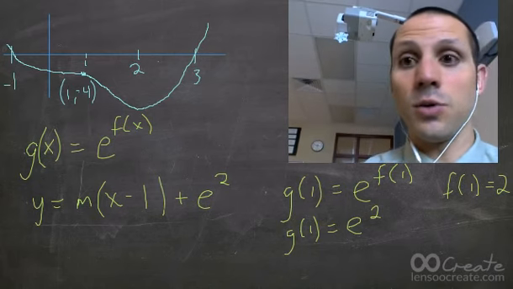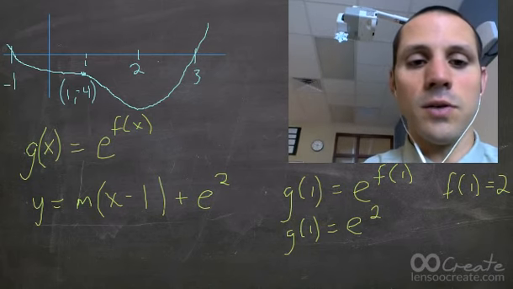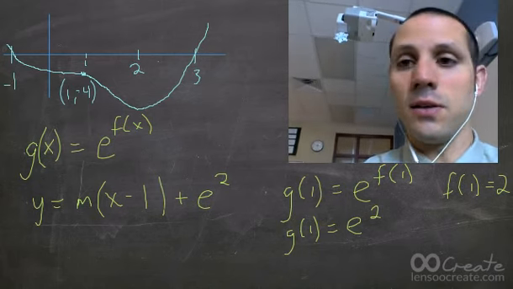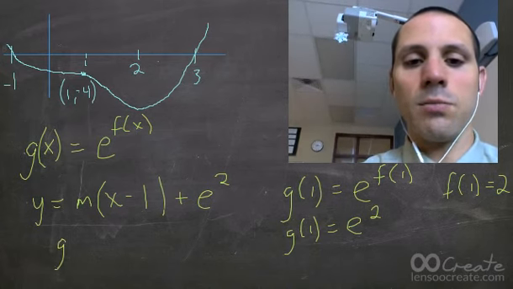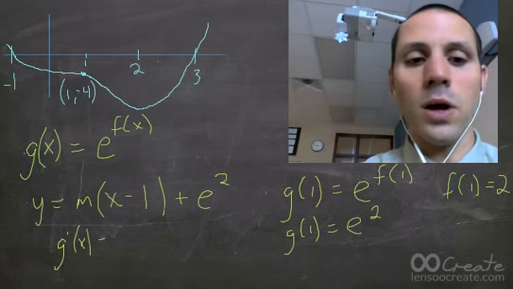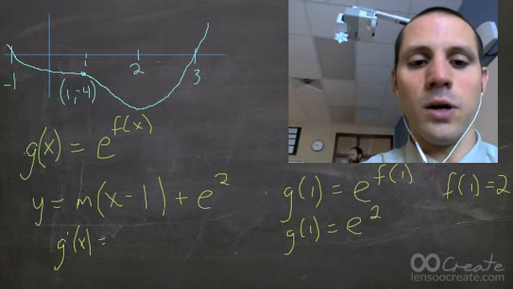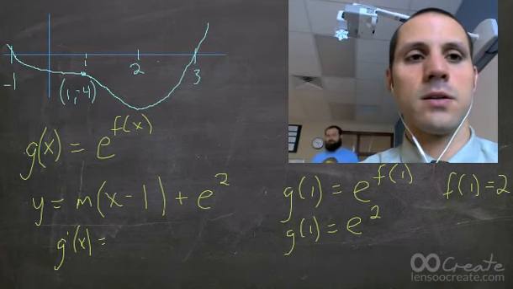Then the last thing we need is our slope. Our slope would be g prime at 1. So to do that, we need g prime. G prime of x, the derivative of e to the x is e to the x. So the derivative of e to the f of x is e to the f of x times, by the chain rule, f prime of x.